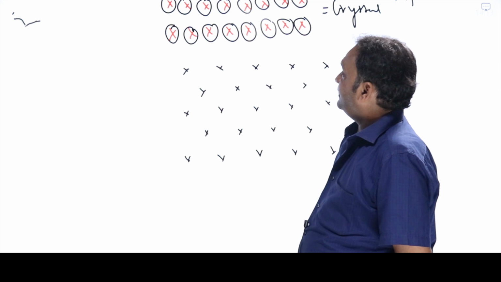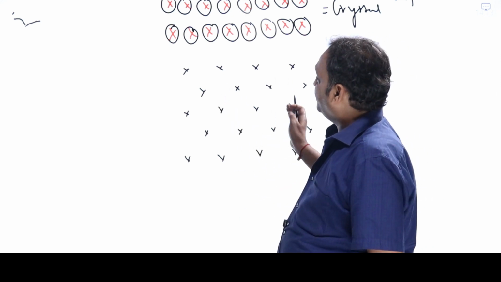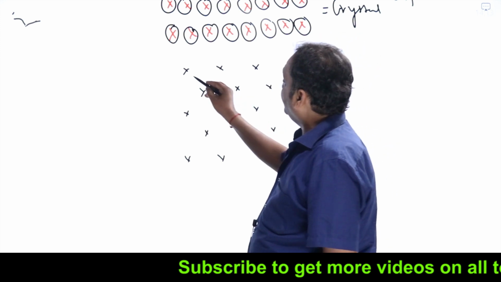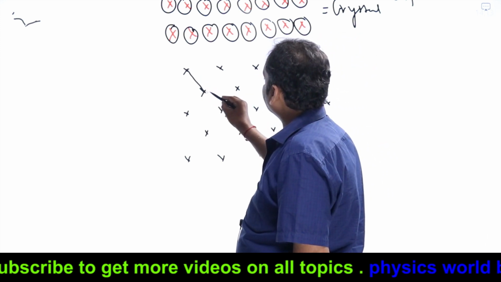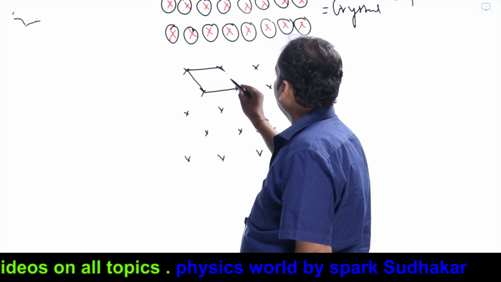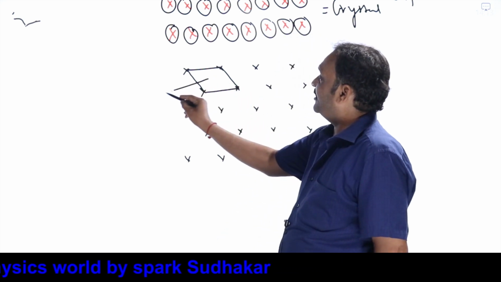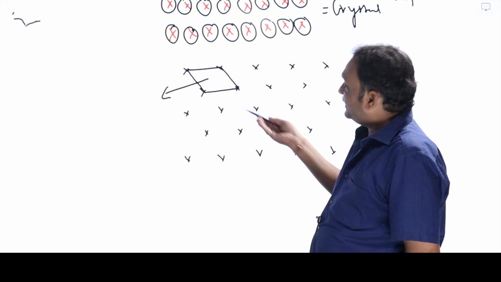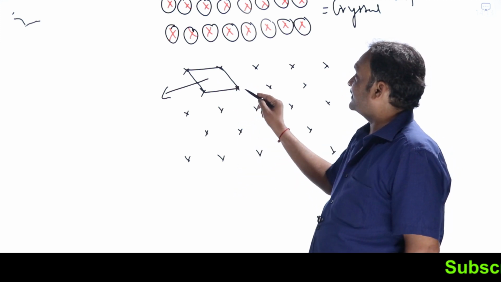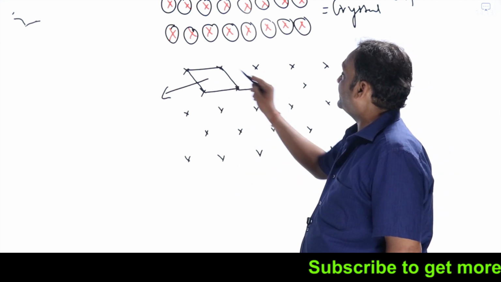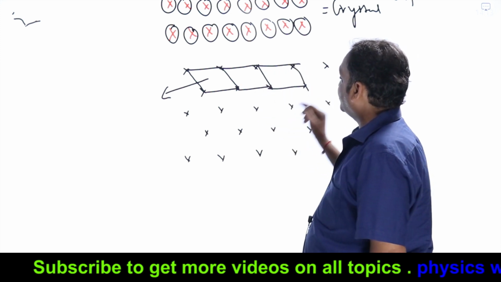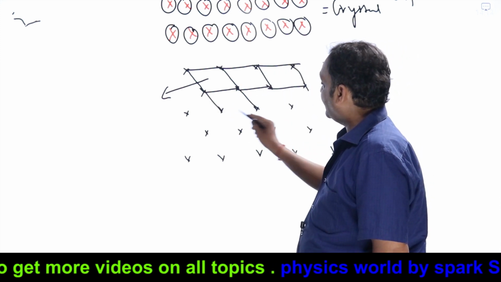Now I look for the smallest representative unit whose regular repetition along the 3 dimensions gives me the complete crystal. Suppose I take something like this. This is my smallest representative unit. The remaining crystal is nothing but a repetition of this smallest unit. You repeat the structure here, again you get this one. You repeat the structure here, again you will get like this.